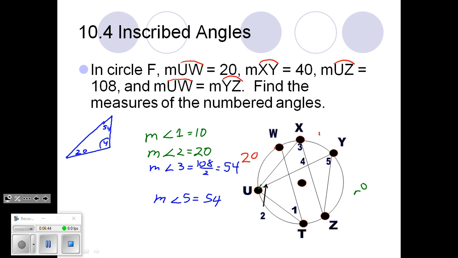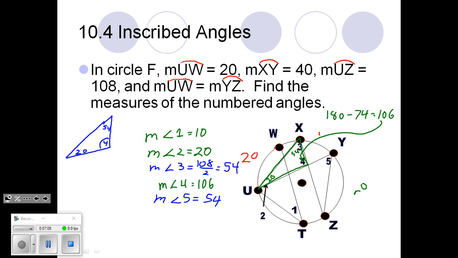And you guys can see the triangle right here. And this is 20. This is 54. Now, 20 plus 54 is 74. So 180 minus 74 gives us 106. So that is what angle 4 is. So the measurement of angle 4 is 106.